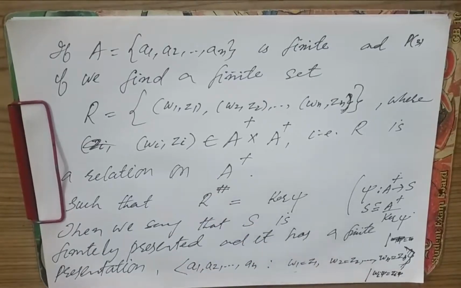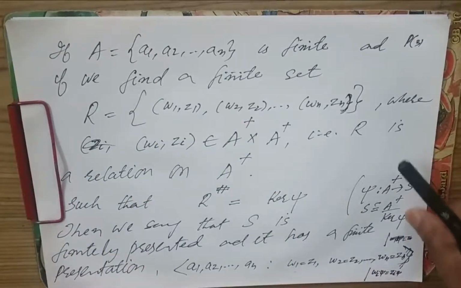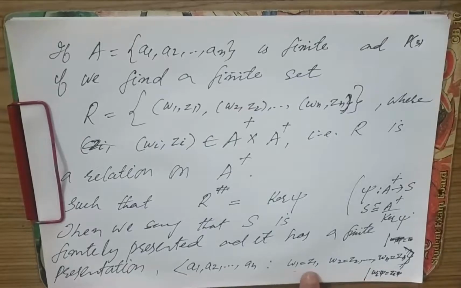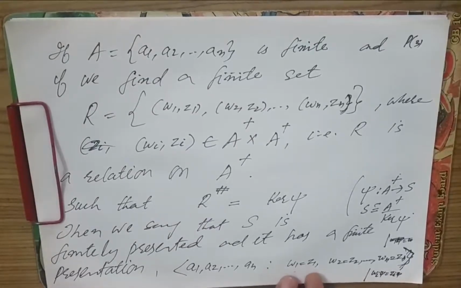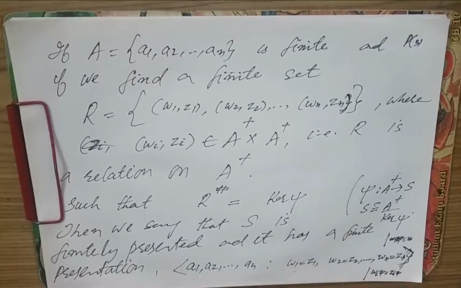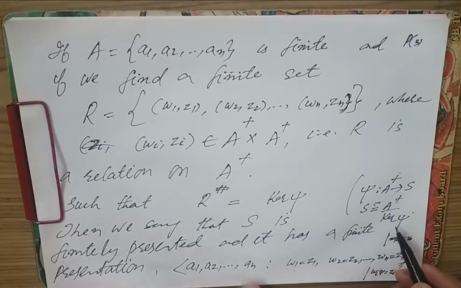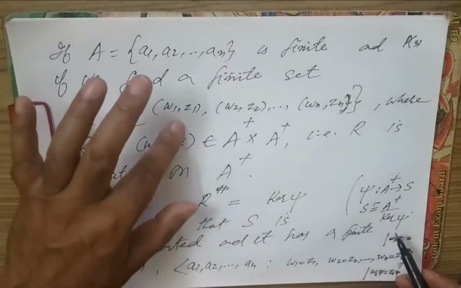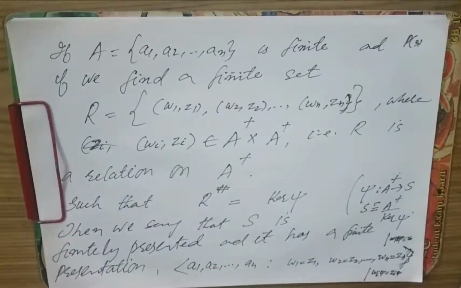So they are psi related to each other, each pair. So in this quotient semigroup, W1 is the same as Z1. Actually they are images, they are psi related to each other. But after isomorphism we can write it like this: they are equal in S, because S is isomorphic to A plus over kernel of psi. And in A plus over kernel of psi, W1 is the same as Z1, W2 is the same as Z2, and so on and so forth.